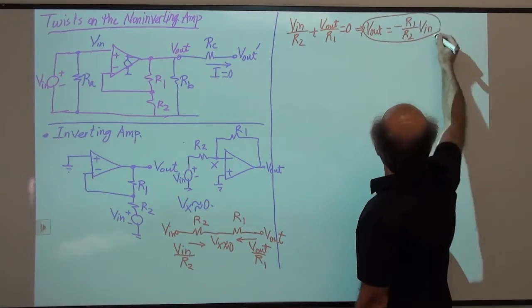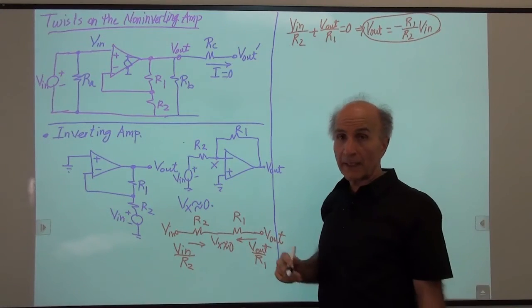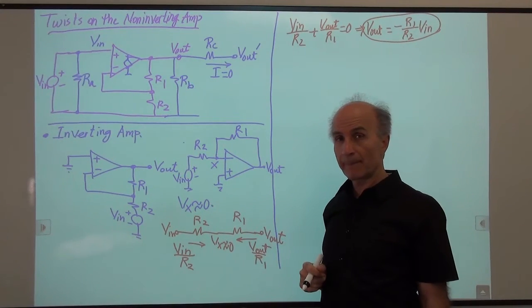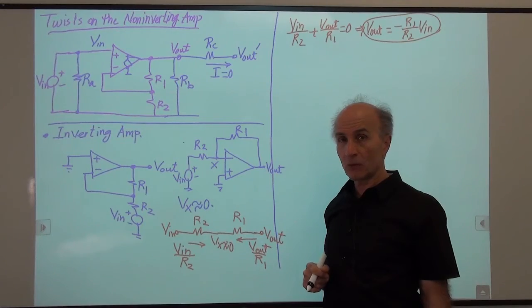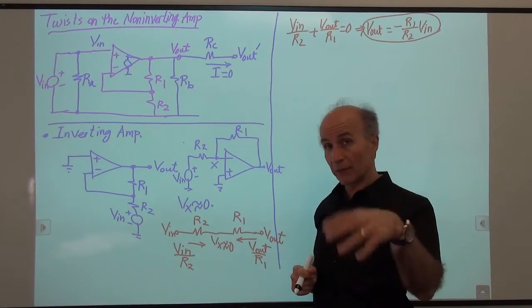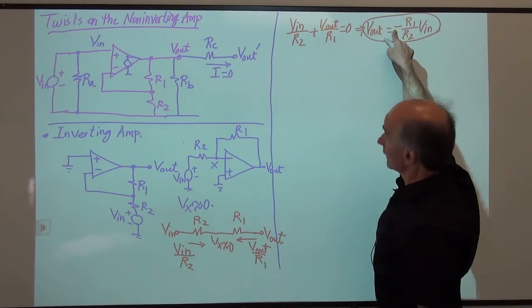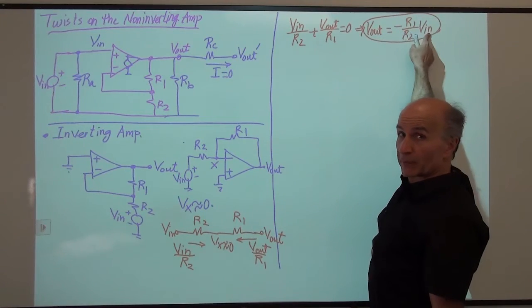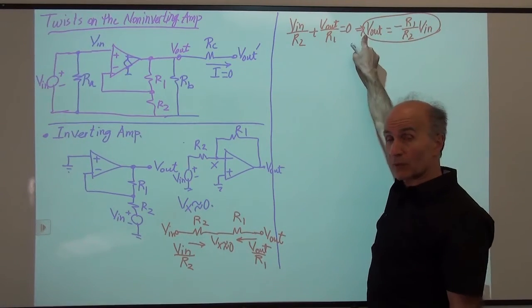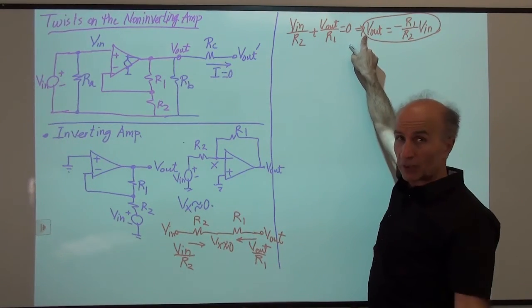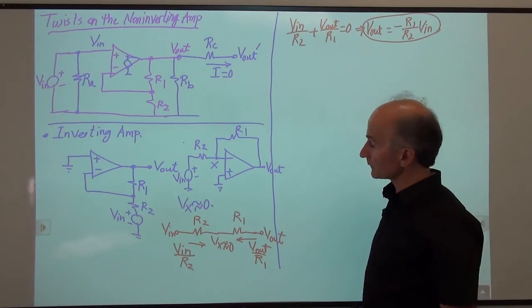And this is the equation governing the inverting amplifier. All right? So you can readily see why we call it inverting. See that there's a negative sign here. So for example, if the input voltage goes up, the output voltage wants to go down. Okay, so that's fine, not a big deal.